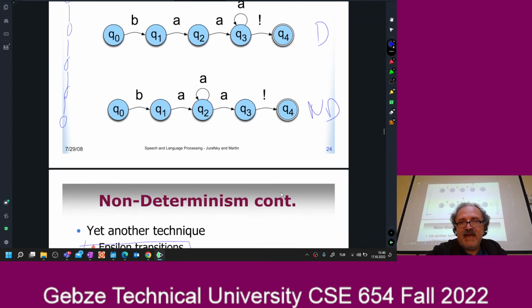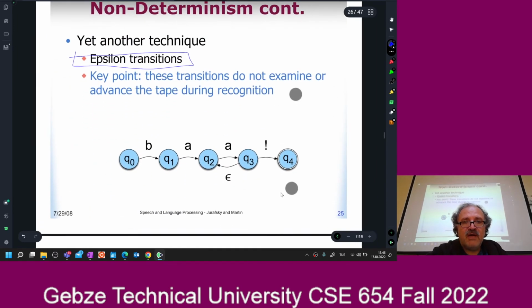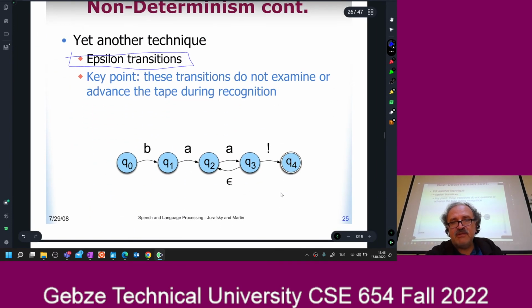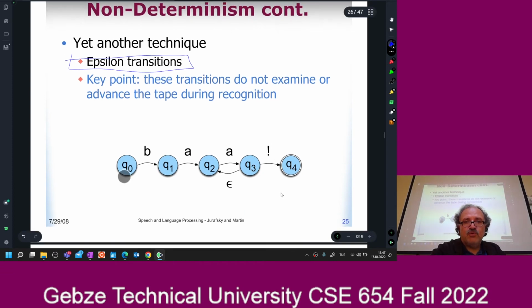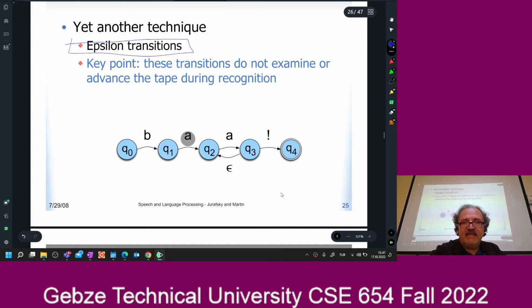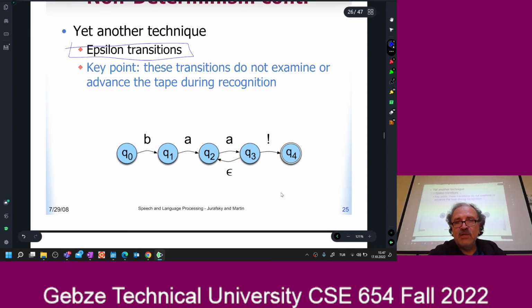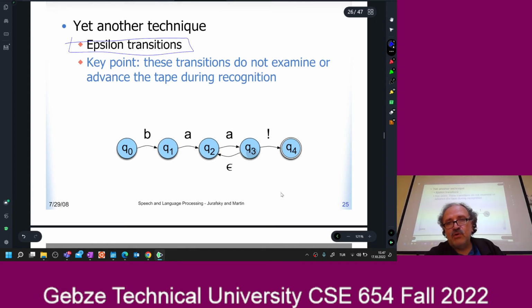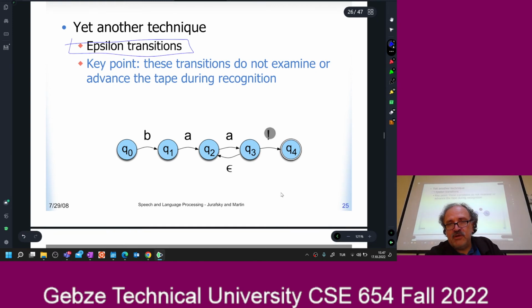Given A, I can stay at Q2, or I can go to Q3, or we can have these epsilon inputs, epsilon transitions. To go to Q1 from Q0, I need a B. To go to Q2 from Q1, I need an A. To go to Q3 from Q2, I need an A. To go to Q4 from Q3, I need an epsilon.